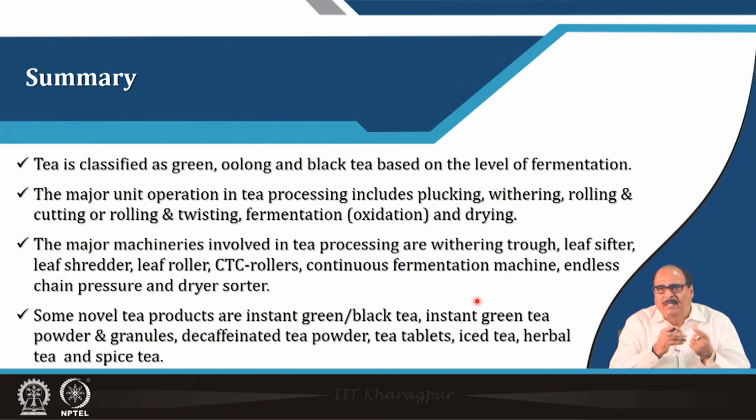This hot water brew can be further concentrated and dehydrated by spray drying or freeze drying. We make a freeze dried powder, spray dried powder, or even frozen concentrate, iced concentrate in different forms. This tea powder can be mixed with appropriate amounts of sugar and milk. It can be made into ready made tea or other tea products etc.